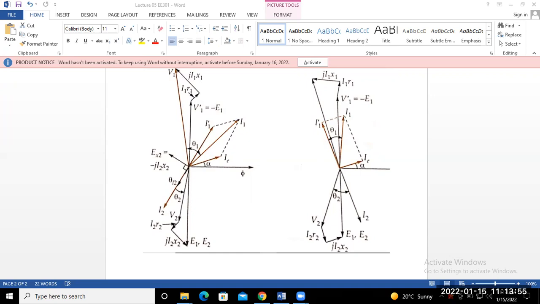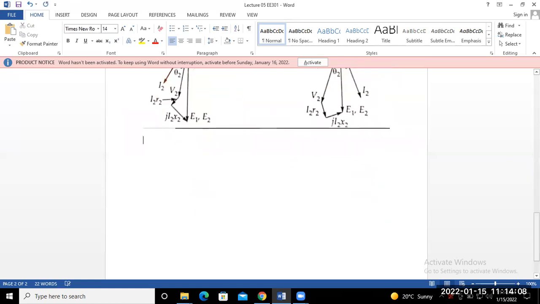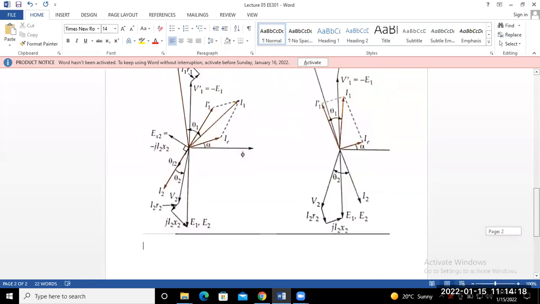Secondary side and primary side components. Have you got the phasor diagram for the lagging and leading power factor?